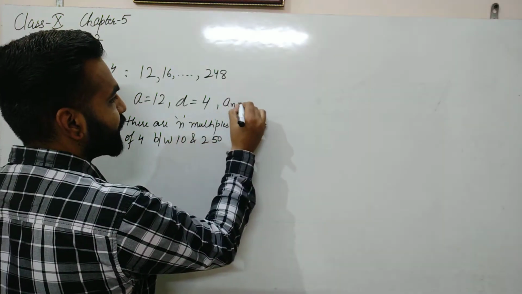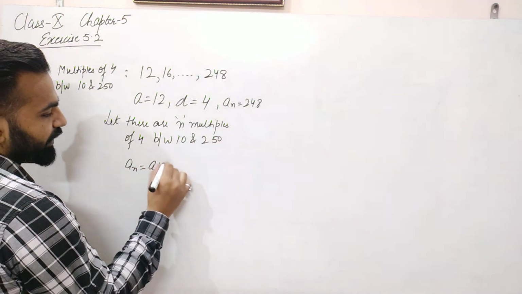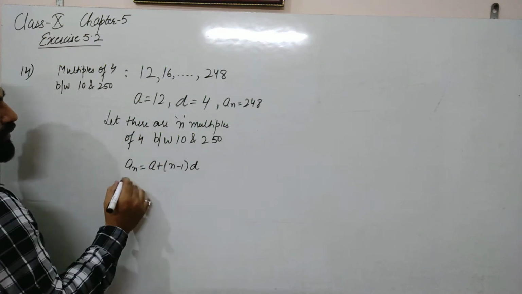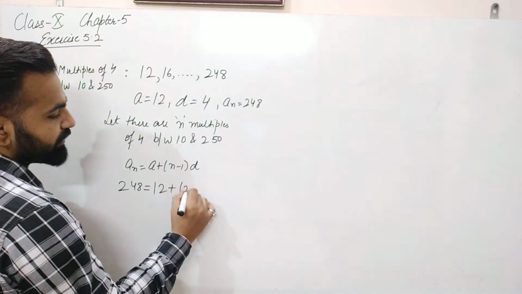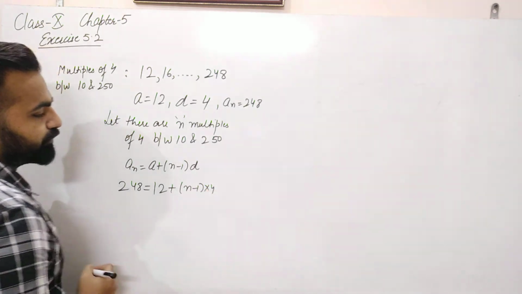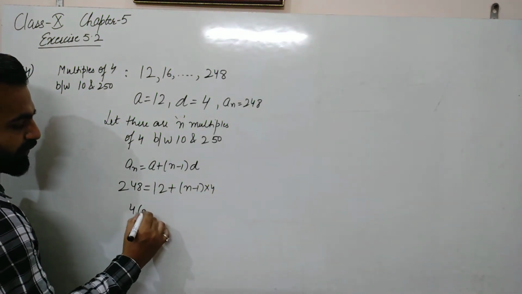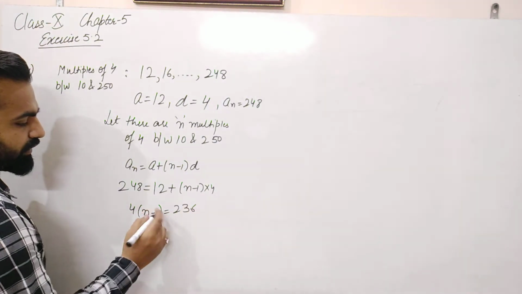So an will be 248 here. So an is a plus n minus 1 into d. An is 248, a is 12 plus n minus 1 into 4. So 248 minus 12 will be 236. So 4 into n minus 1 is equal to 236.